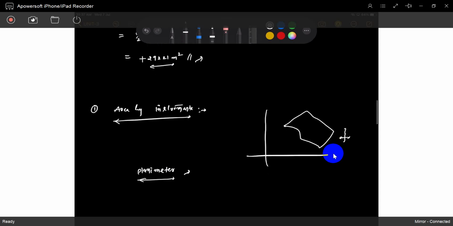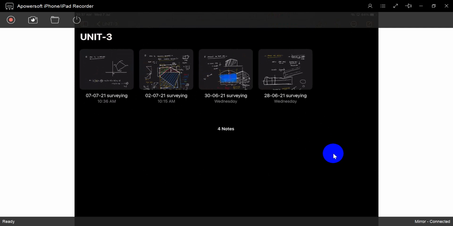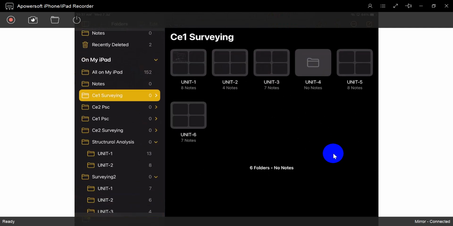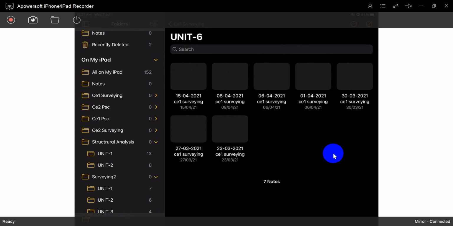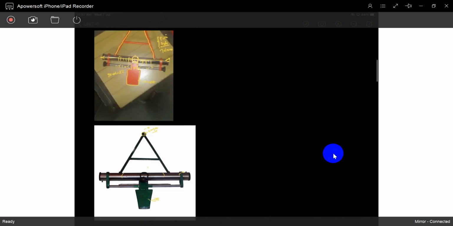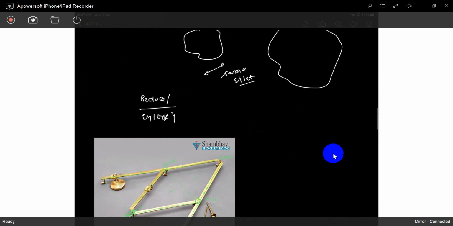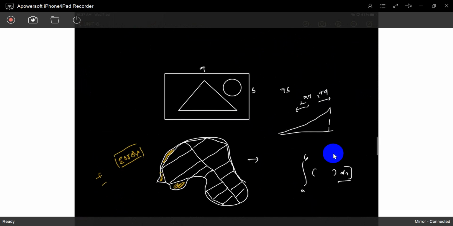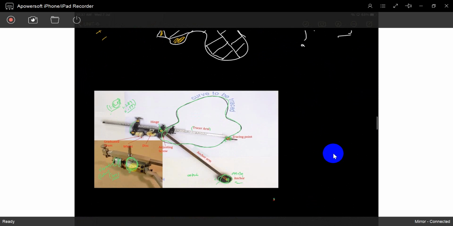Otherwise, I will show you once again. In Surveying Unit 6: cut tracer, pantograph, planimeter. We discussed it, no? So no need to discuss once again. This is the instrument, how it works.